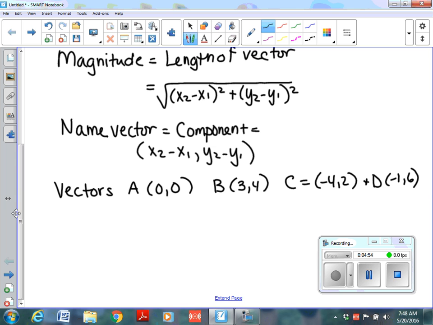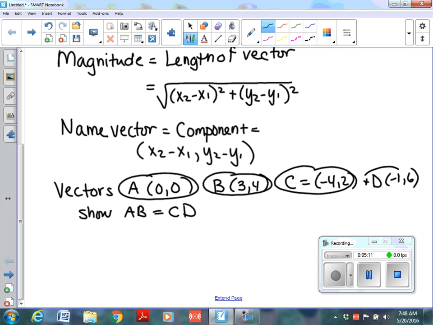They want you to show that the distance from A to B is equal to the distance from C to D. I'm just going to use the distance formula. We'll call the distance from A to B the letter u, and the distance from C to D the letter v. When they put a line, absolute value, it means distance, or length, from now on. So when you see these two bars, it means distance.